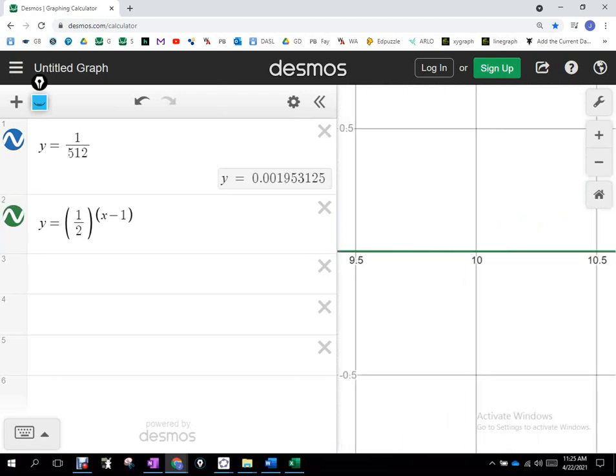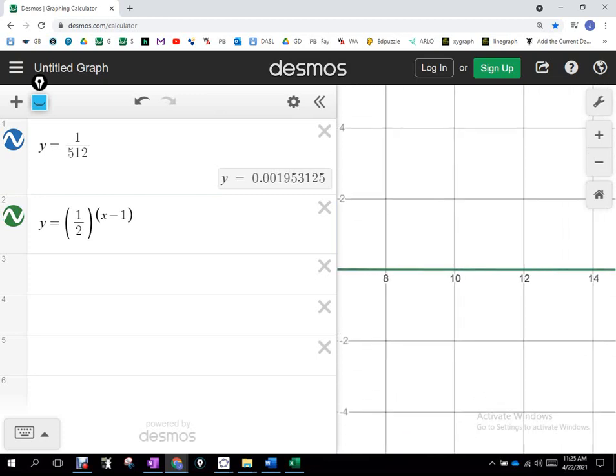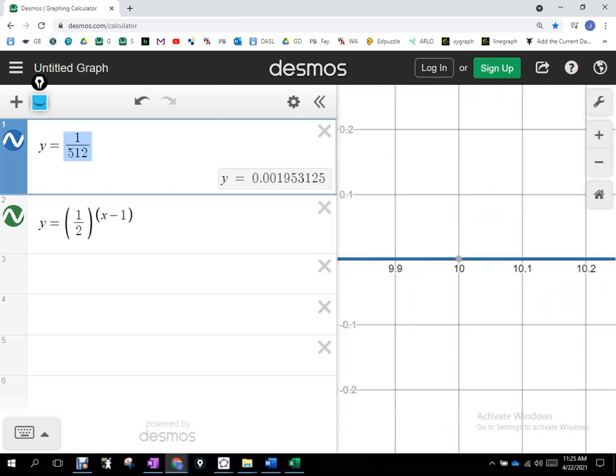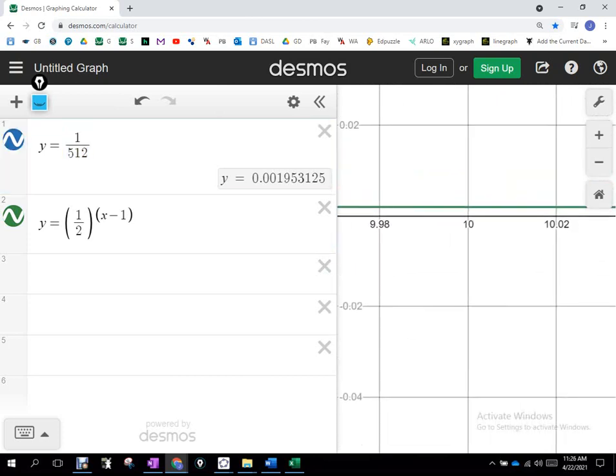What kind of stinks about this is that because that number is so small, for whatever reason, Desmos wasn't showing me that gray point until I clicked on it. So I don't know if using the graph there is the best tool.